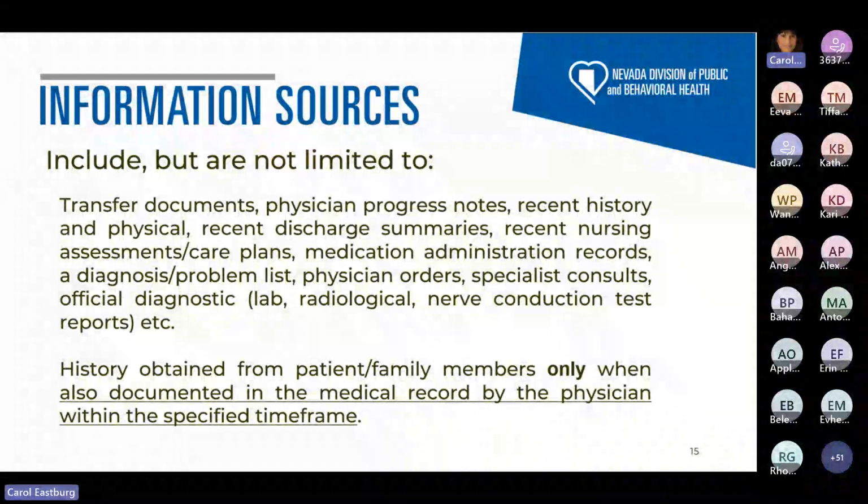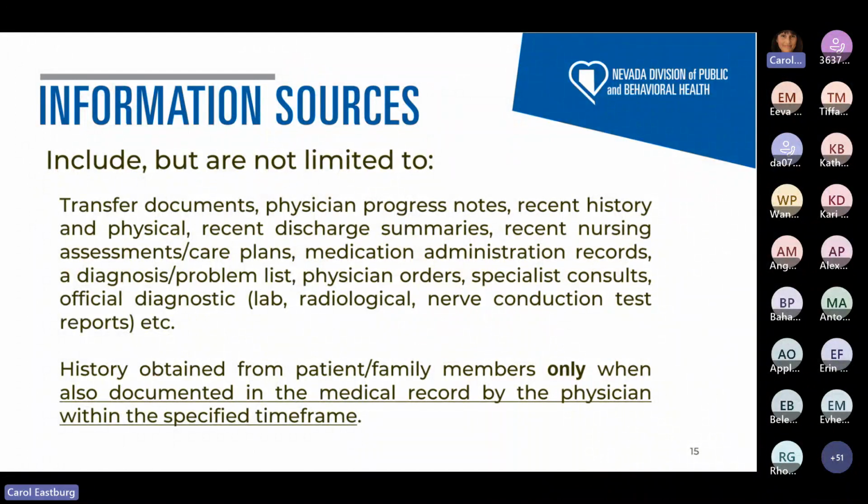History can be obtained from the patient or family members, but they're only considered active if they're also documented by the physician within the specified time frame. And as I already mentioned, that also pertains to diagnosis or problem lists. If it's listed on there, it must be confirmed in writing by the physician that it is active within the specified look-back time frame.